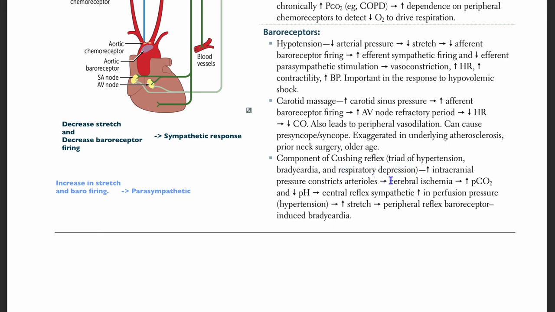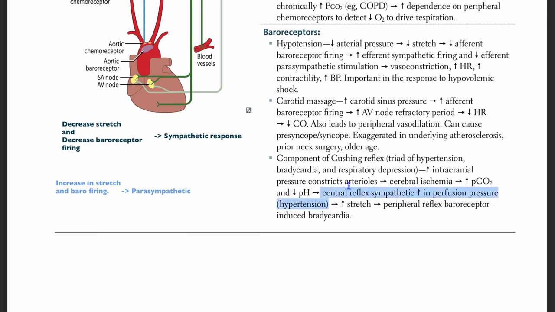So increase in intracranial pressure constricts arterioles, which leads to cerebral ischemia, right? Because the oxygen isn't reaching, they'll have an increase in waste product, which is an increase in PCO2, and this causes acidosis, so a decrease in pH, which causes a central reflex sympathetic increase in perfusion pressure, or hypertension.